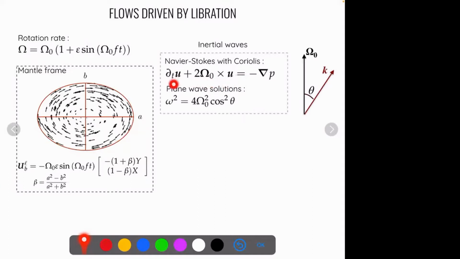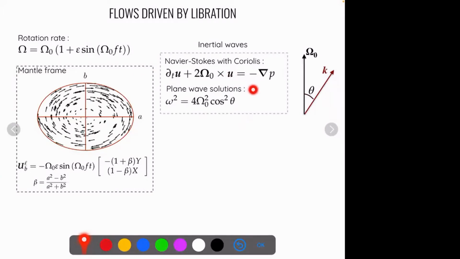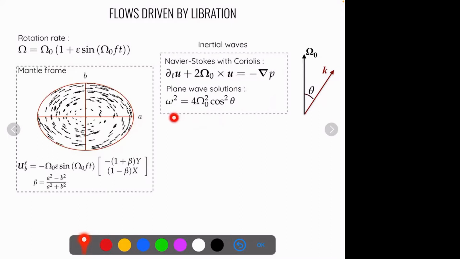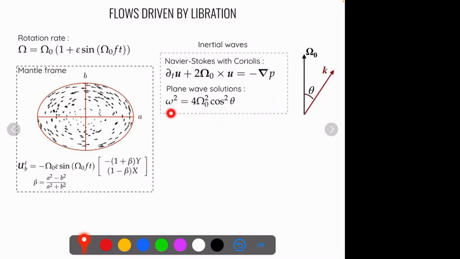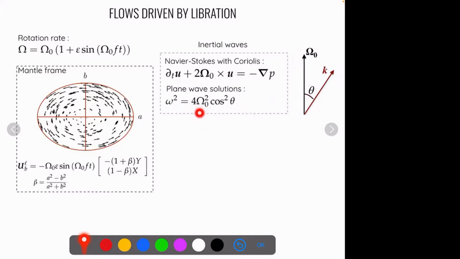If you look at the linearized Euler equation with the Coriolis force here, and you look for plane waves, you can find that this equation sustains plane waves that have this dispersion relation that relates the frequency to the angle between the wave vector and the rotation axis. And frequencies are bounded between -2 times the rotation rate and +2 times the rotation rate.